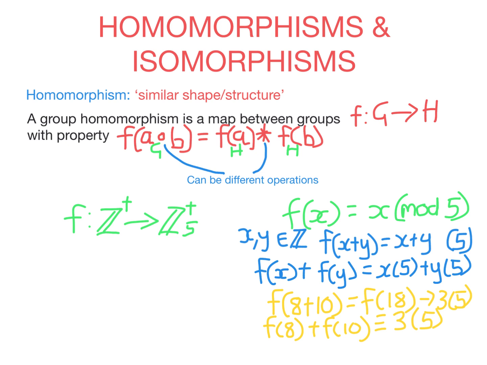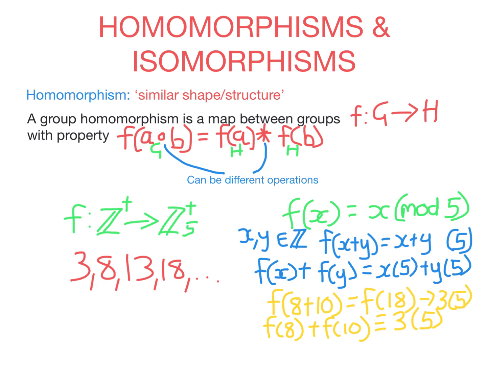So when I said before that this preserves structure, it means basically that the things that work here work exactly the same way in the second group. When we're performing such a map, we're really saying we don't care about the properties of a number, we only care about what that number reduces to modulo 5. And we know that all the numbers that have the same residue modulo 5, so for example 3, 8, 13 or whatever, they all really behave the exact same way in this group here, modulo 5.